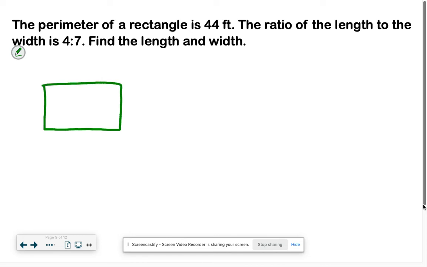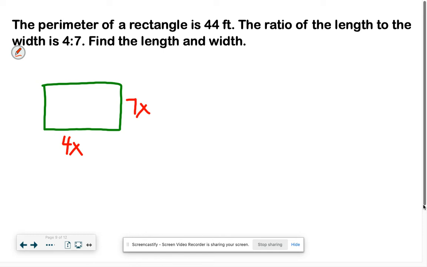So start off with a picture. You always need a picture on these ones. It helps you out. Give yourself that rectangle. Again, we know their ratio, but we don't know what each part is, so we're going to give it an x. So our length we know is 4x, and our width is 7x.